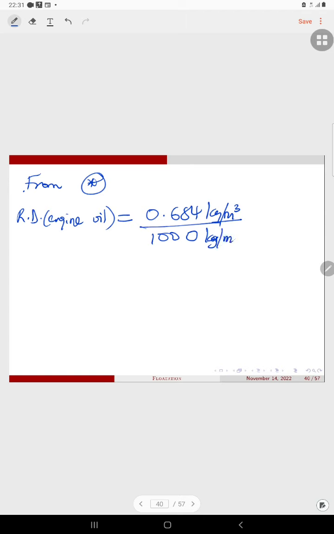The units will divide out. So we eventually get, according to our calculator, 84 times 10 exponent -4. So it is unitless. That answers our question.